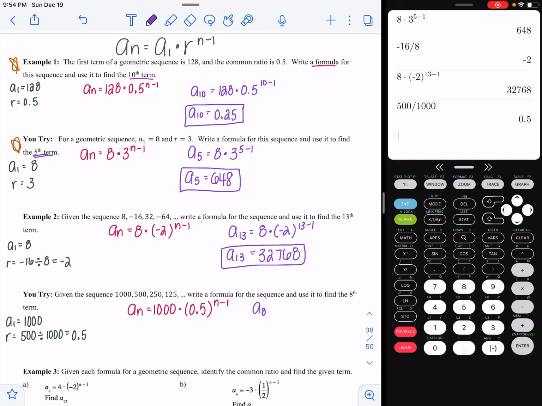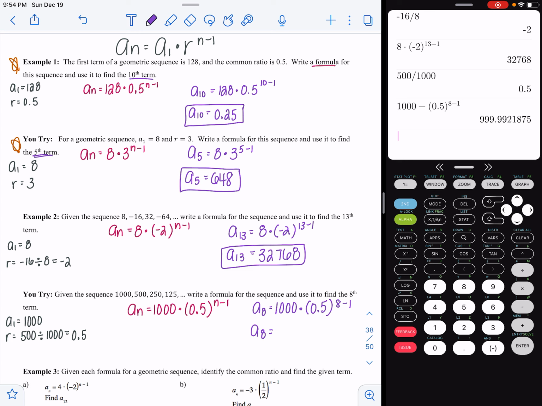So to find the 8th term, you're going to take 1,000, multiply that by 0.5 to the 8 minus 1 power. So our 8th term is going to be, let's see, 1,000 times 0.5 to the 8 minus 1 power.